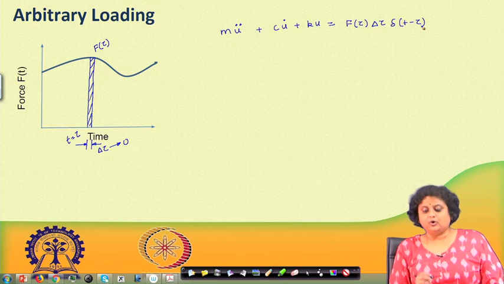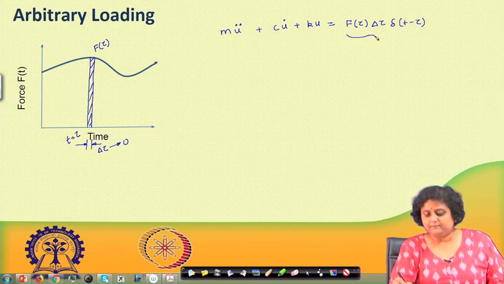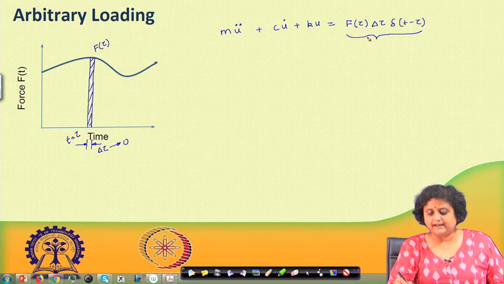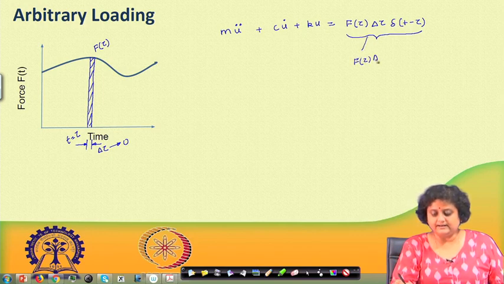So, what does this imply? This expression of force on the right hand side is an impulse load of magnitude f tau into del tau, which is the f hat that I have been talking about.